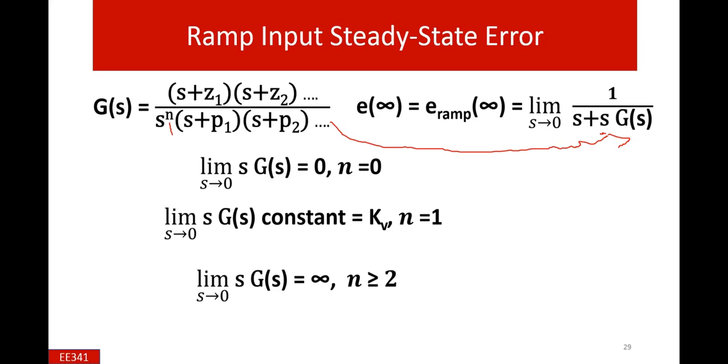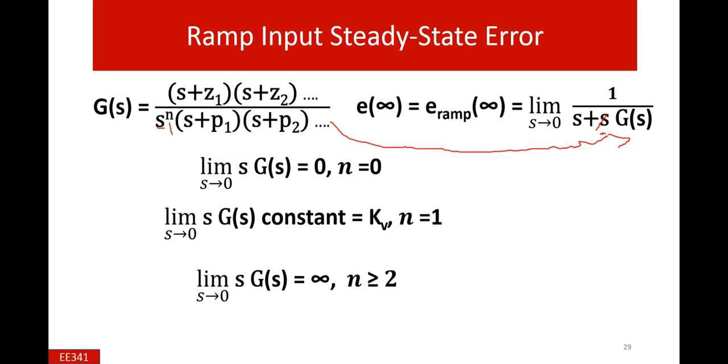And similarly, if we take a type 1 system, then s raised to power 1 is s, this s is cancelled out with this s, and simply we have some constant value. We have some constant value for type 1, and again this term is infinite for n equal to or greater than 2.